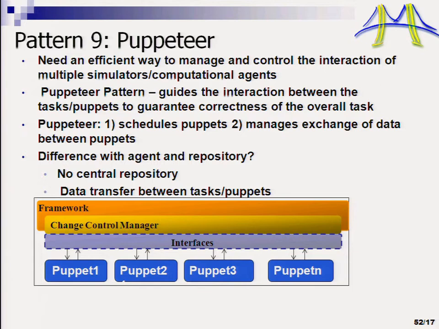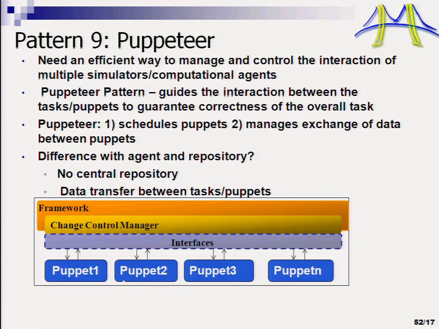They have their own way of thinking about the problem, they have their own way of structuring the data, they have their own preferences. And yet, as things evolved, maybe they were developed entirely independently as though they were standalone programs, but then over time we realized, oh gosh, we want to put them together to do a more complex application. So the puppeteer takes the individual puppets and basically manages the scheduling between them and how they exchange data.